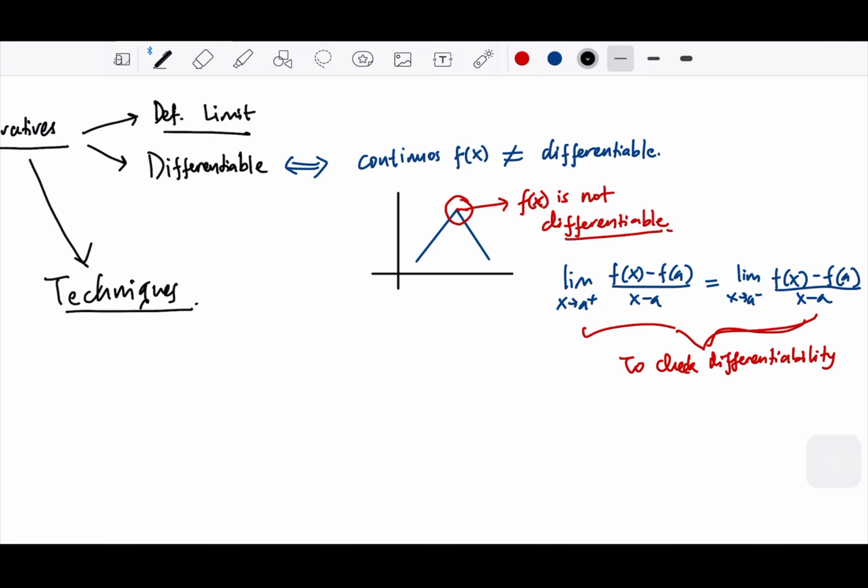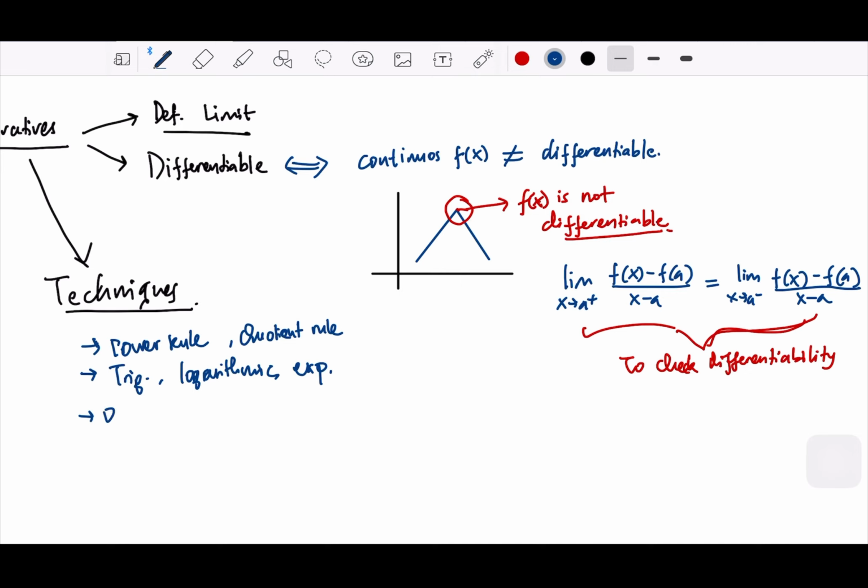Some of the techniques, the simplest one from the product rule, or maybe from the power rule, and then some trigonometric, quotient rule here. Some logarithmic and exponent.